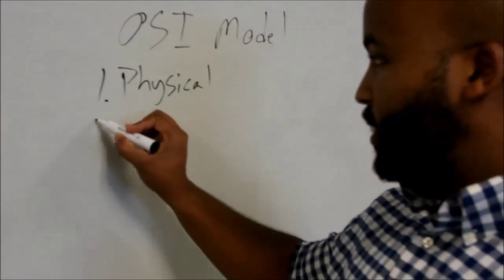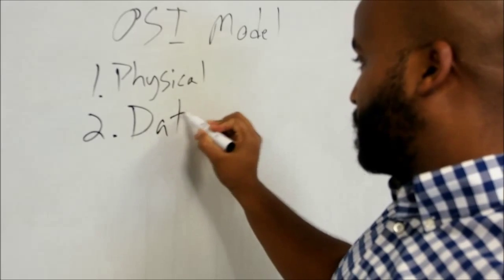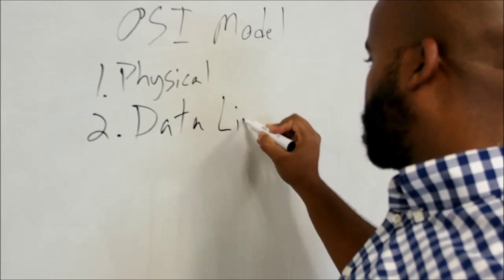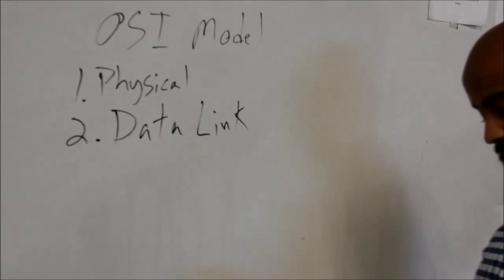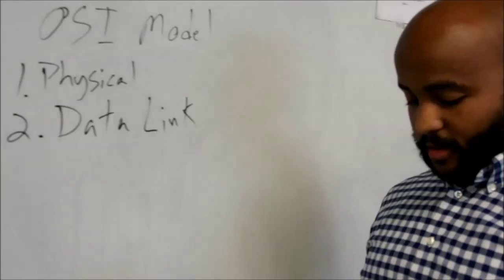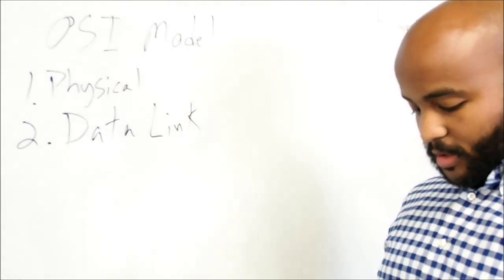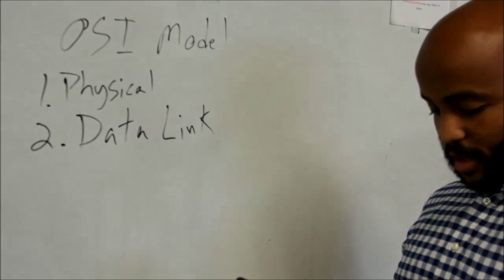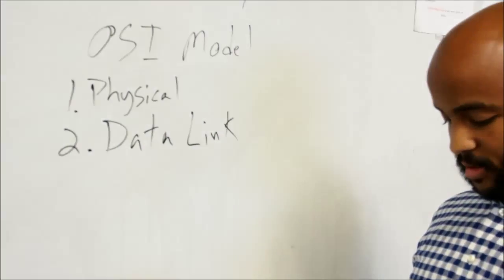Layer 2 would be your data link, or your data layer. At this layer, data packets are encoded and decoded into bits. It furnishes transmission protocol knowledge and management, and handles errors in the physical layer, flow control, and frame synchronization.